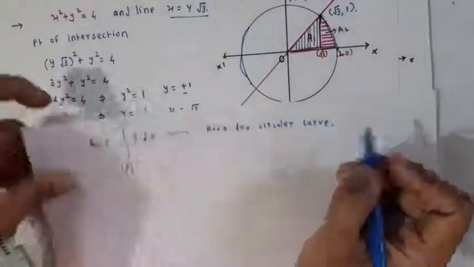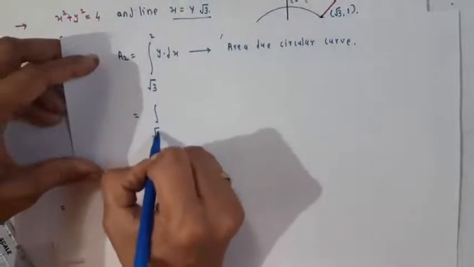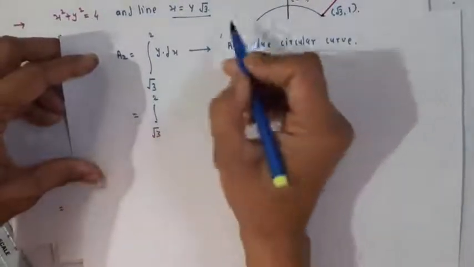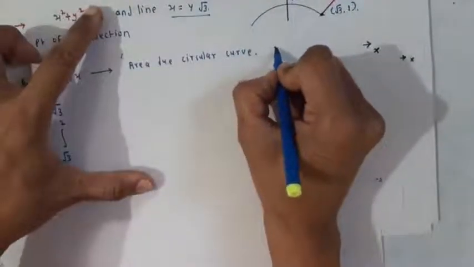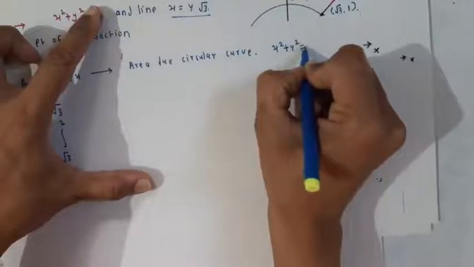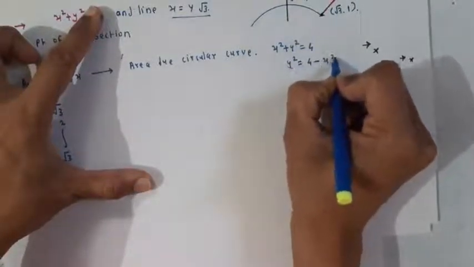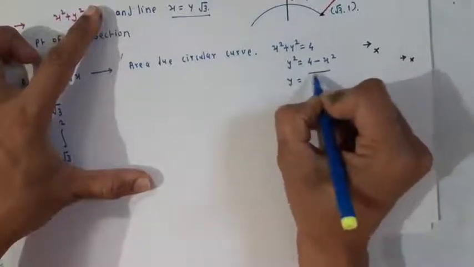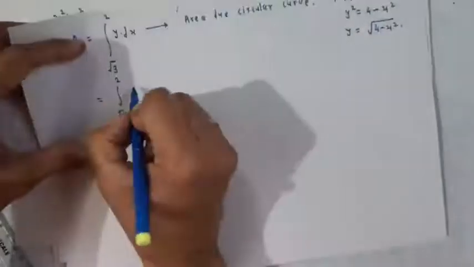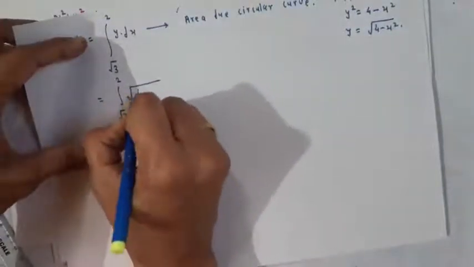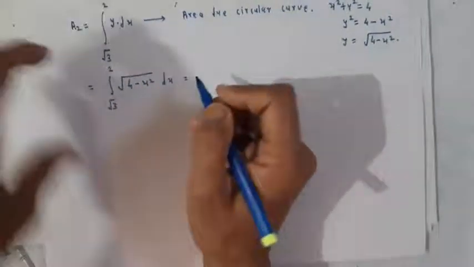Okay. And this is equal to the integral from root 3 to 2 of y, where x square plus y square equal to 4. This implies y square equal to 4 minus x square, which implies y equal to square root of 4 minus x square. Okay. And this is the integral of square root of 4 minus x square with respect to x.